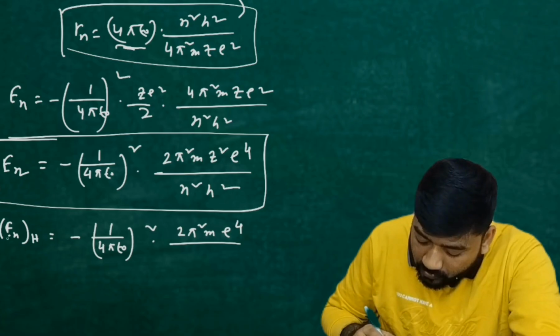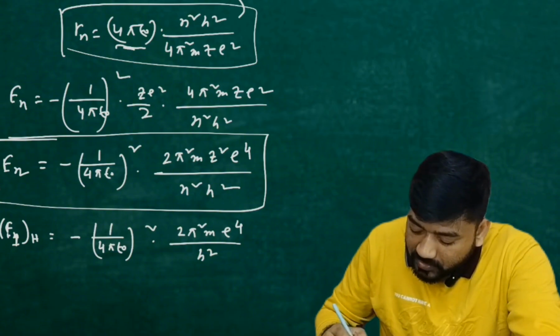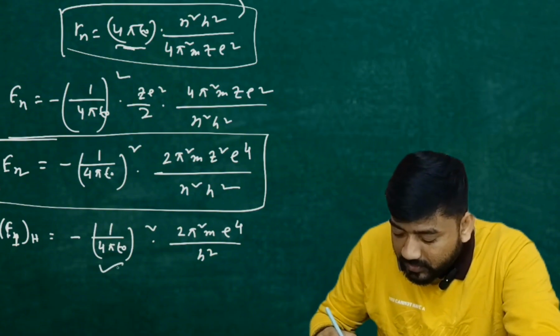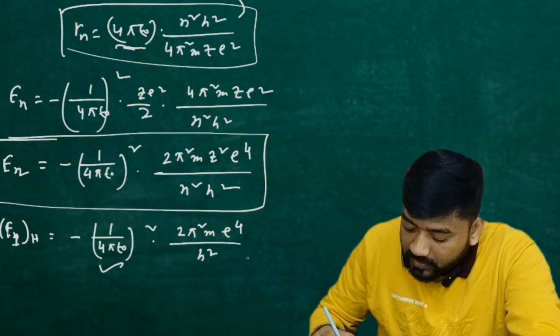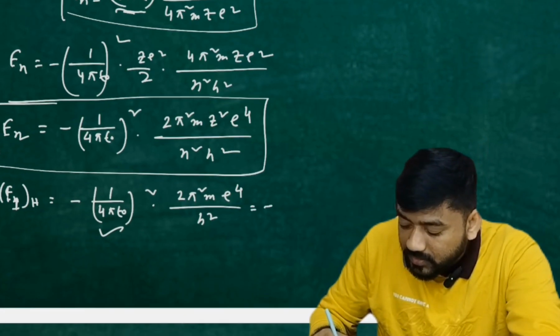But if you talk about the first orbit of hydrogen atom, then it will be just h square. Now if you substitute the value of 1 by 4 pi epsilon naught, e, m, h, then you will get a very famous expression for E1, that is minus 13.6 electron volt.